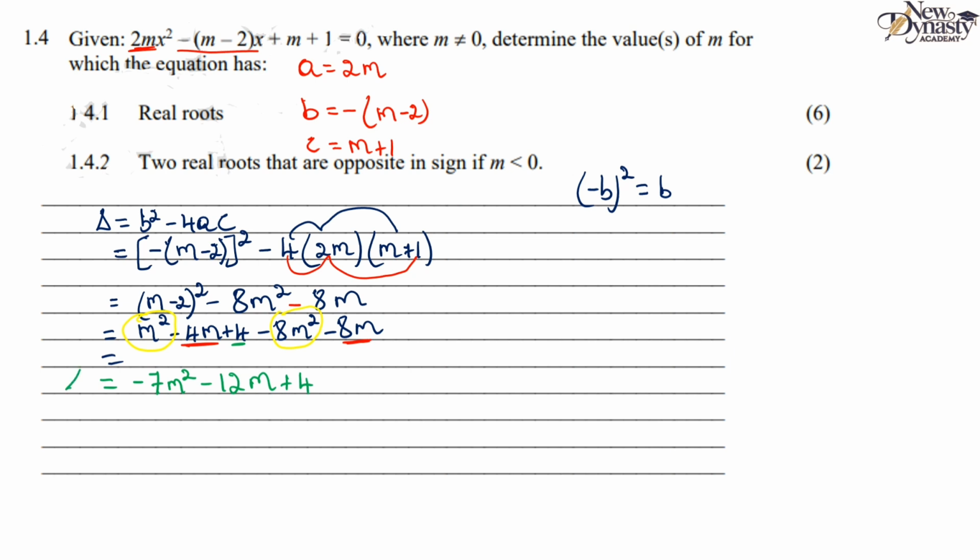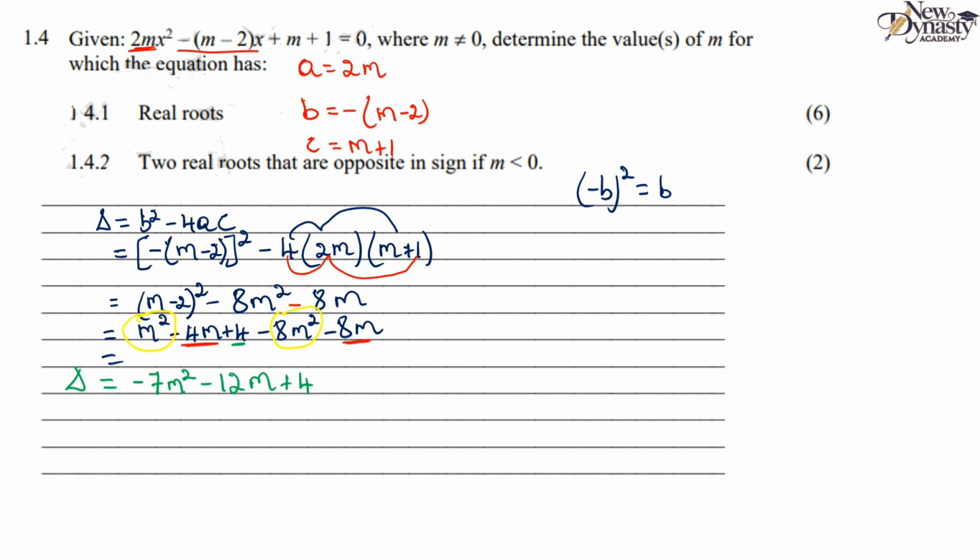So this is our discriminant, which we can multiply by a negative sign to get positive signs. But anyway, let's leave our discriminant in this way. I want to show you something, grade 11s. That is our discriminant. So remember that we are looking for real roots.